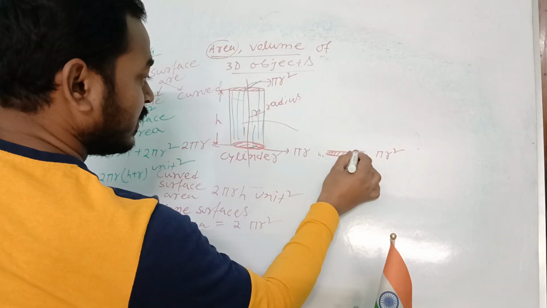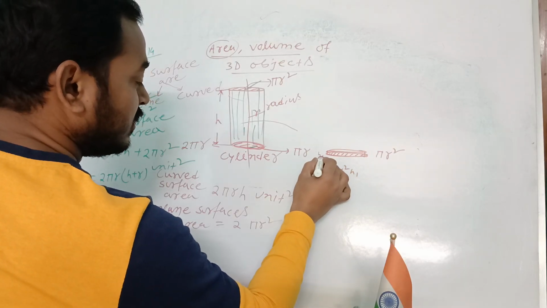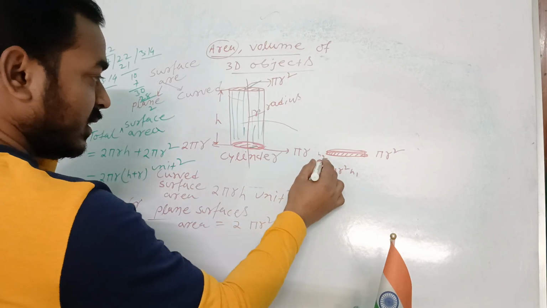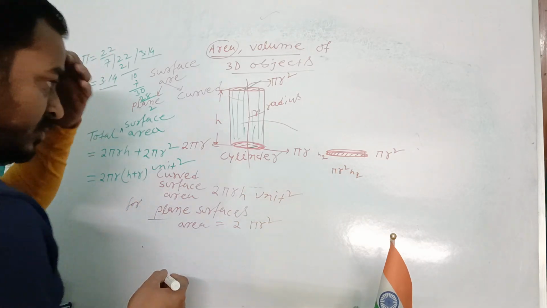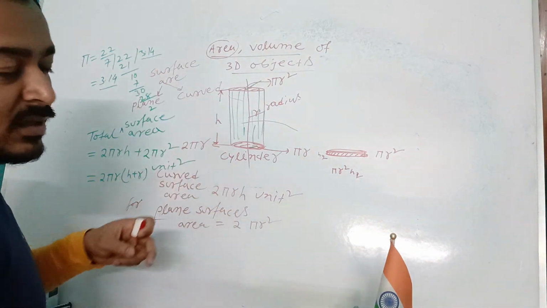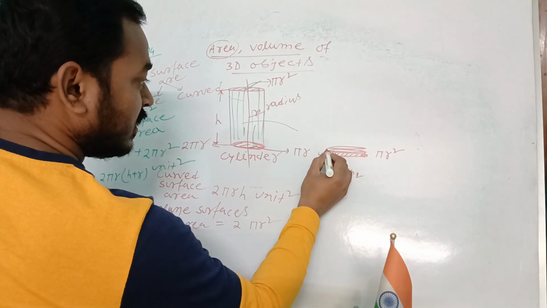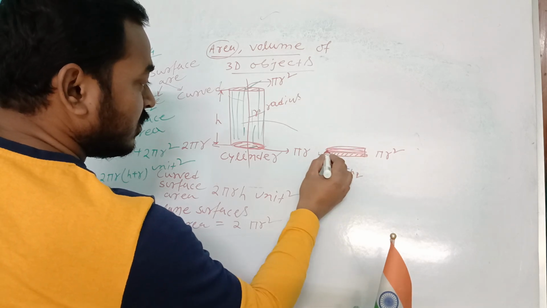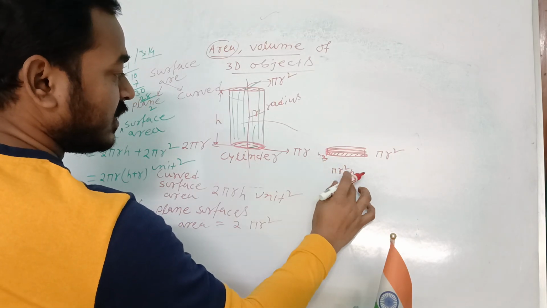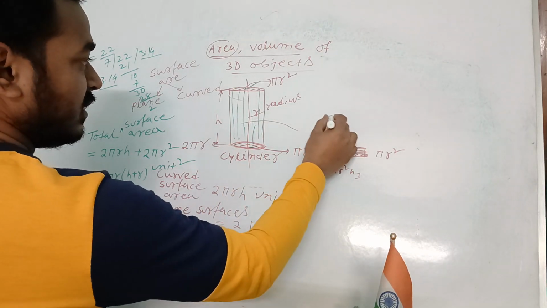Take another circular slice of the same size. Now the height is h2, the volume is pi r square h2, because it is 3 dimensional, surface area into height. I am taking another one, and another one. Now consider the height is h3, so we can write pi r square h3. So it means we have one cylinder.